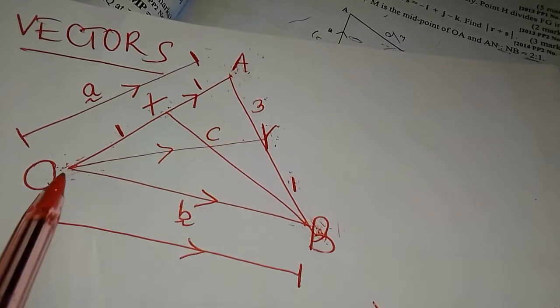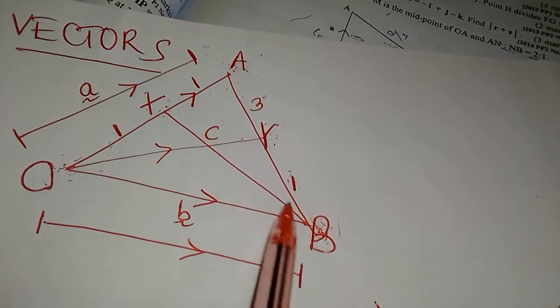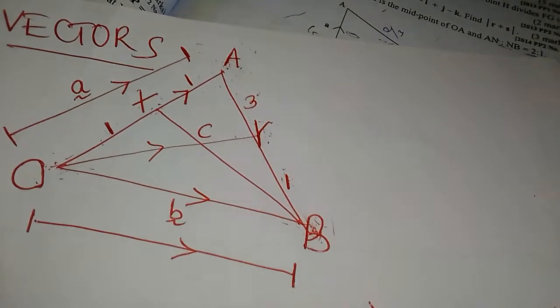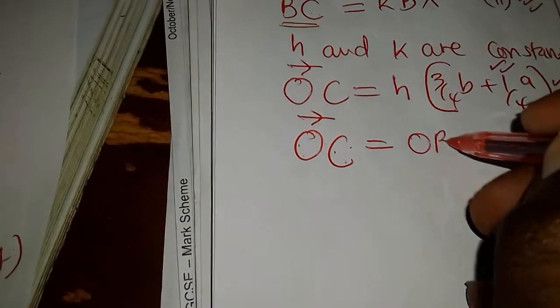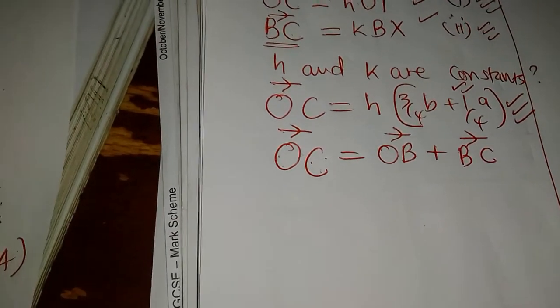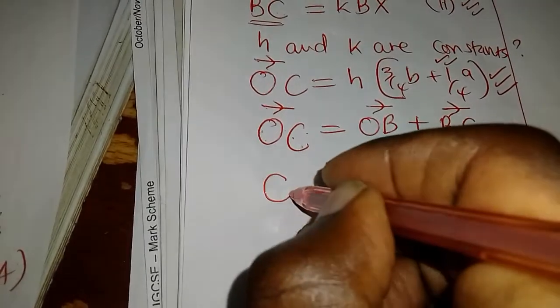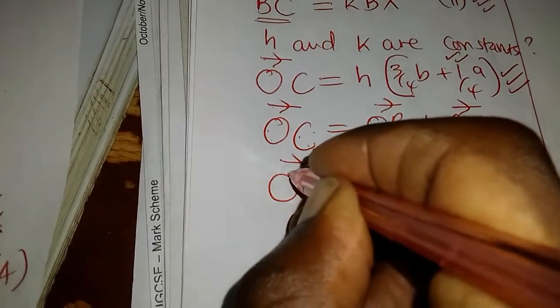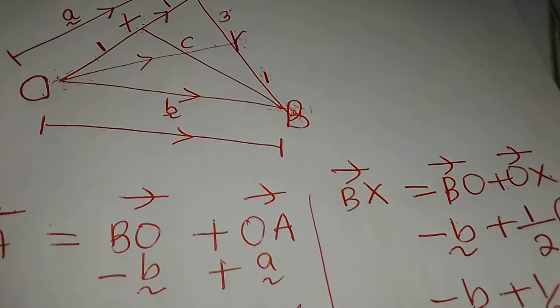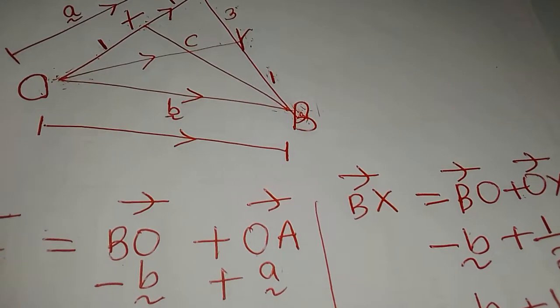So how do I move around? I will say OB plus BC. Now, that is to say, OC as the vector is equal to OB. What is our OB? Our OB is vector B. Then plus, what is our BC?